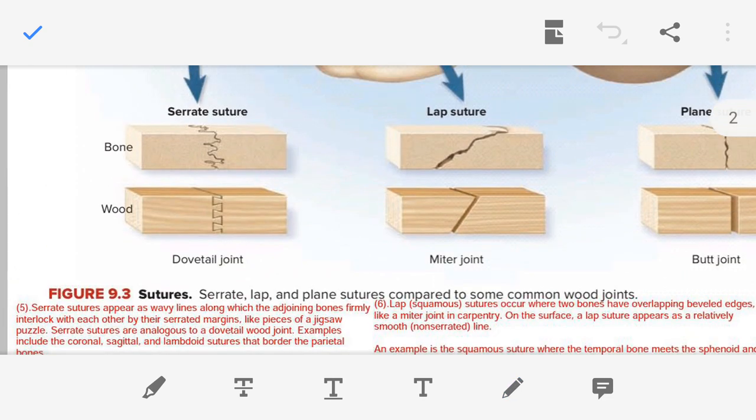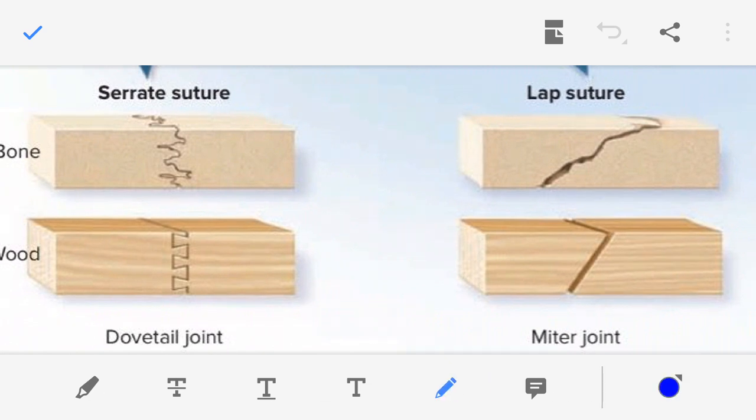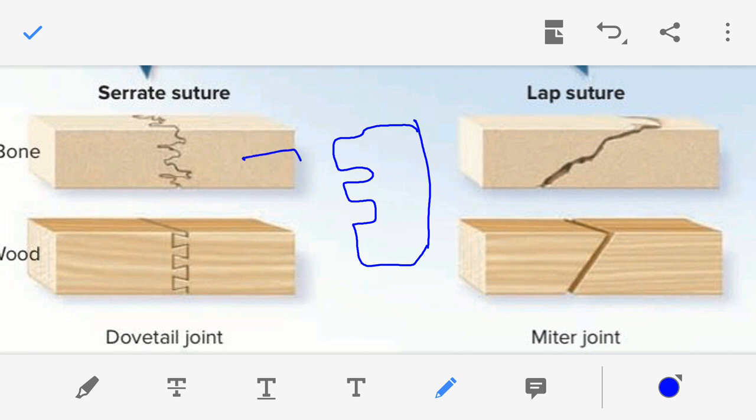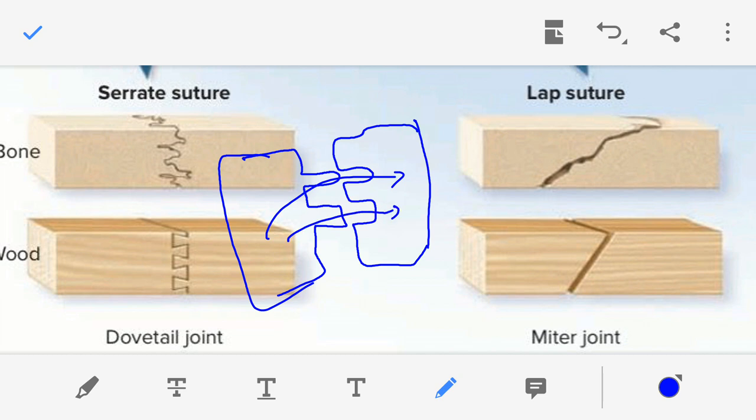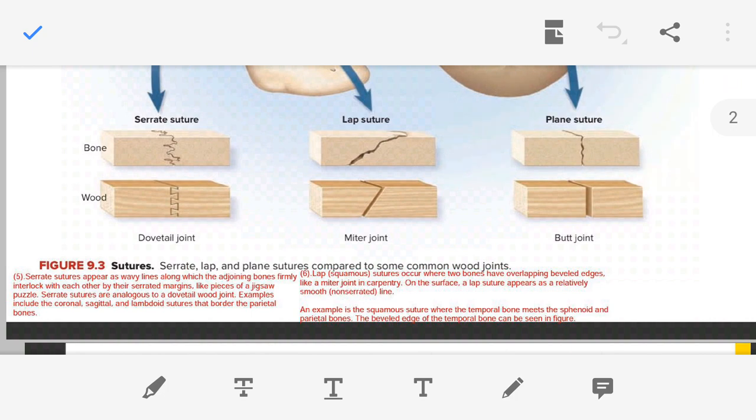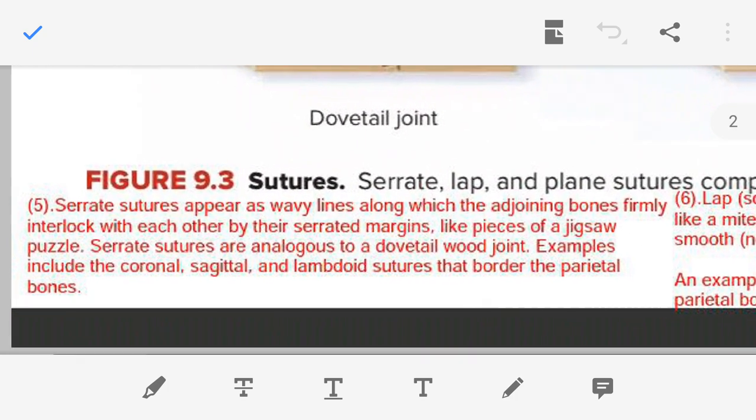Now in dovetail, for example, if this is one piece, so another piece will be like this, and this piece can easily fit over here. So this is the meaning of the dovetail joint.